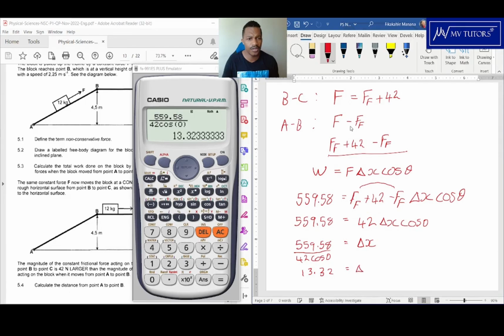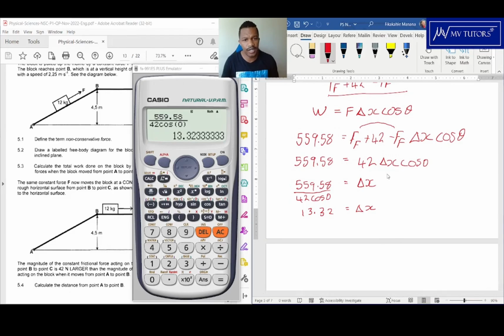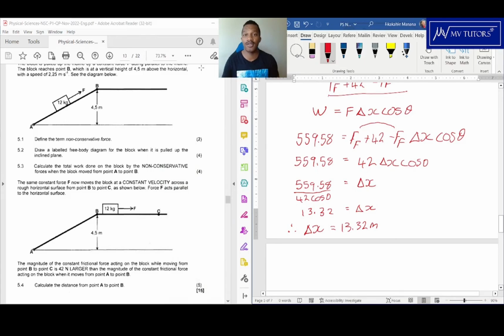That's our final answer, but to put it in standard form, I'm just going to say therefore the change in distance is equal to 13.32 meters. That's our final answer right there.